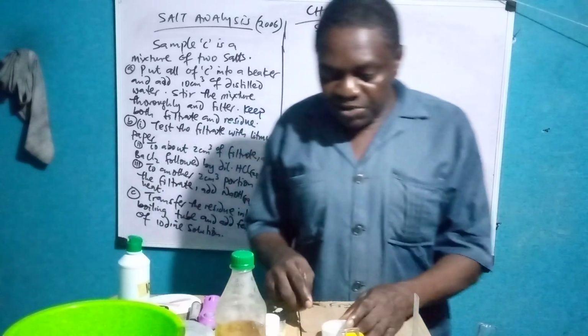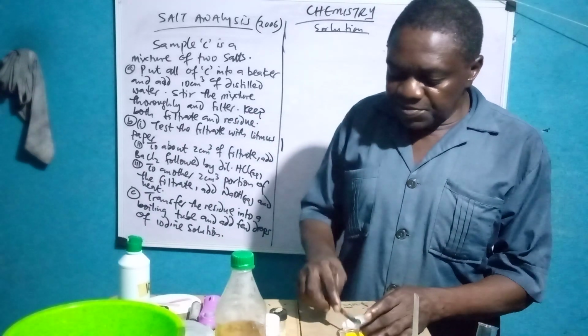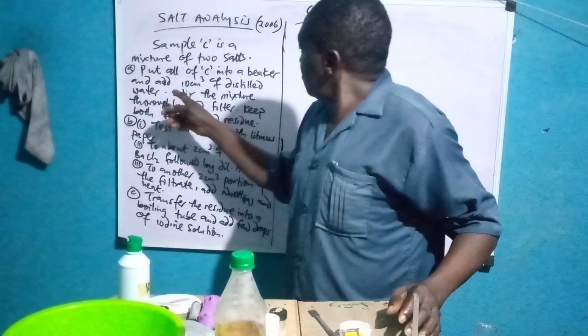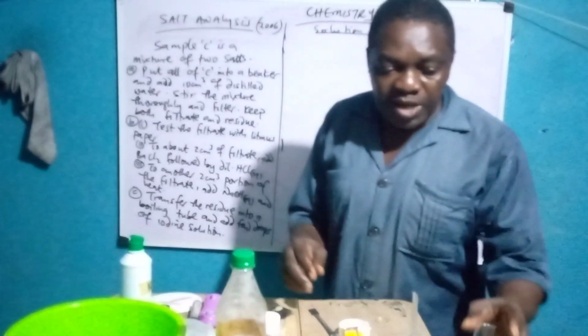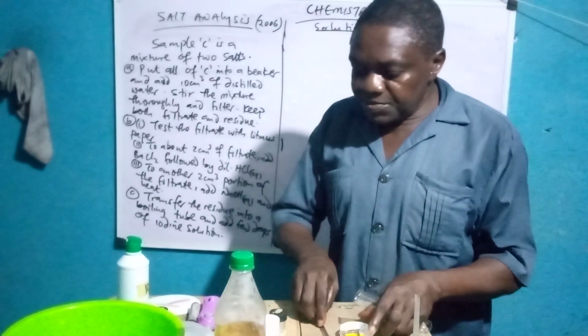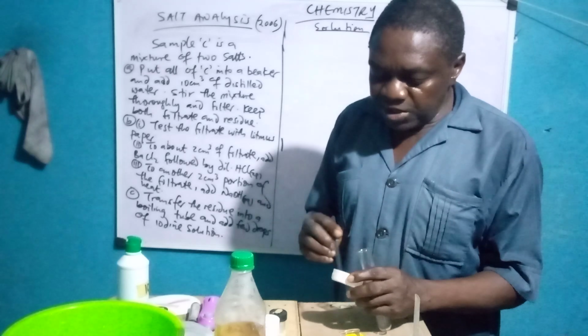So this is the salt that we're given. It says a mixture of salts. The question says, put all of C in a beaker and add 10 cm³ of distilled water. Usually it's a boiling tube we normally use, so whether it's a beaker or boiling tube, it's all the same thing. So let's see how it goes.